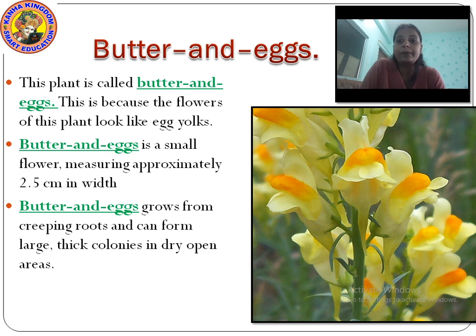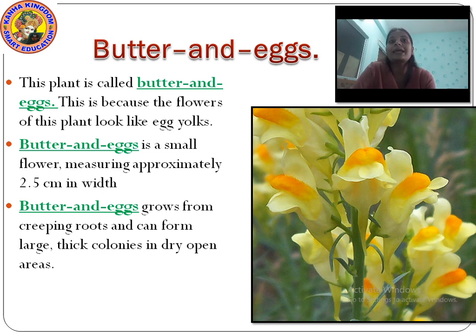Our next plant is butter and eggs. Sounds like breakfast, right? But we are not going to talk about breakfast. We are going to talk about a plant.